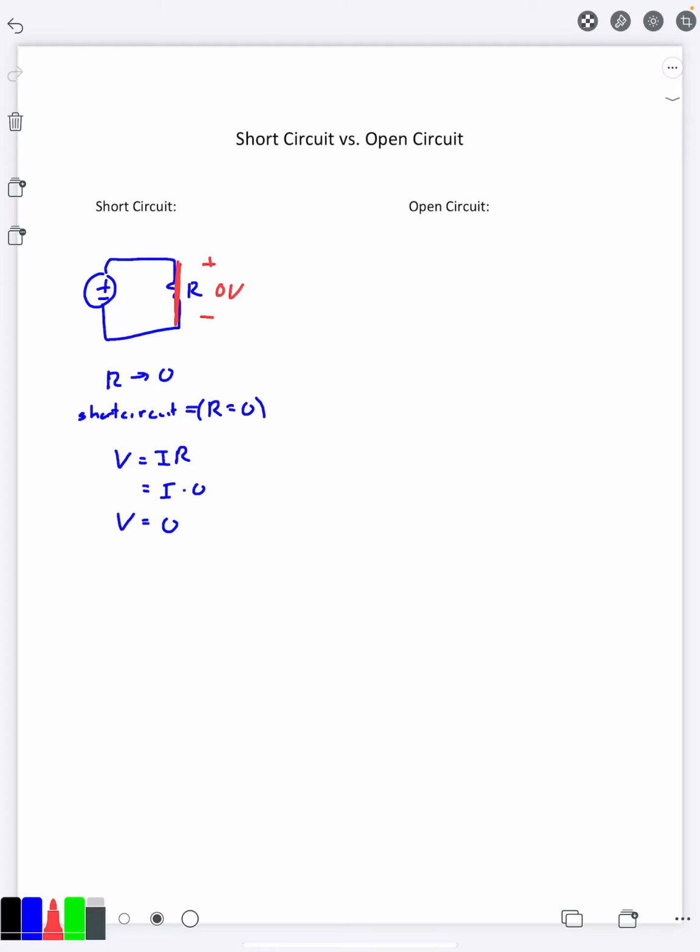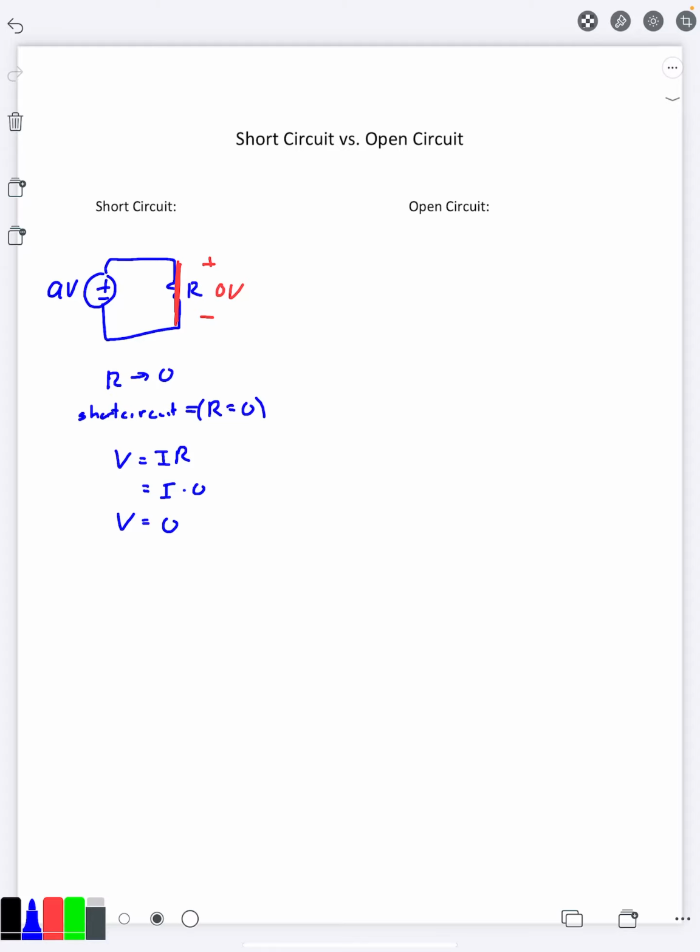Now, I do want to point out that this particular circuit I drew is actually no good anymore with a short circuit there, because those things are supposed to be in parallel, and parallel things are supposed to have the same voltage. So if you have something like a 9-volt battery here and you have this short over here, mathematically that's not possible.